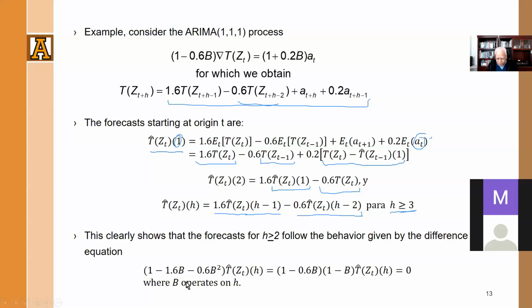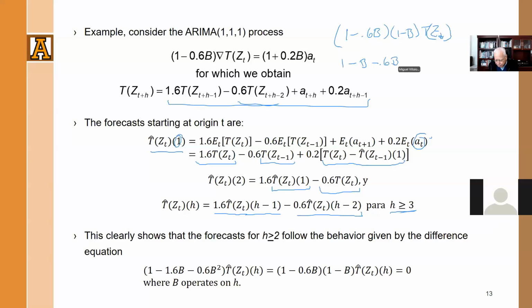Remember, the difference equation is (1 minus 0.6B) times (1 minus B) Z_t. And that polynomial is 1 minus B minus 0.6B plus 0.6B squared, applied to Z_t, right?